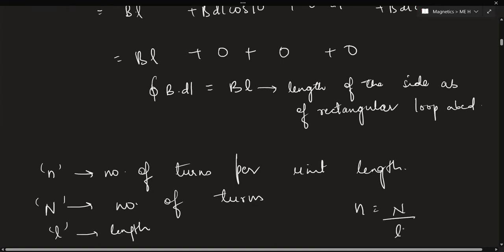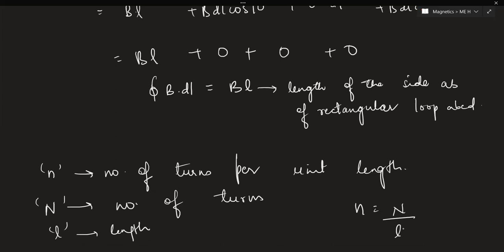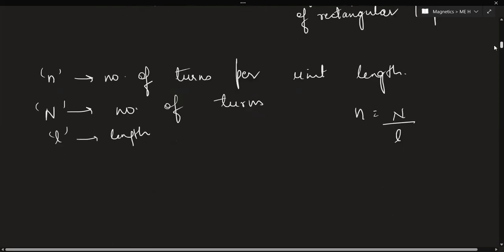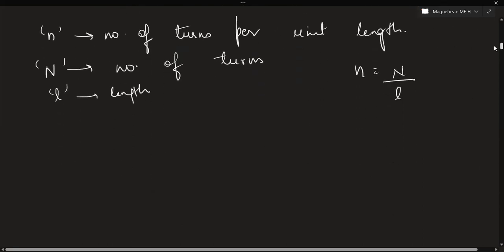Remember this. Fine, class. Now number of turns in length L, what will it be? If number of turns per unit length is small n, then in unit length number of turns are n.